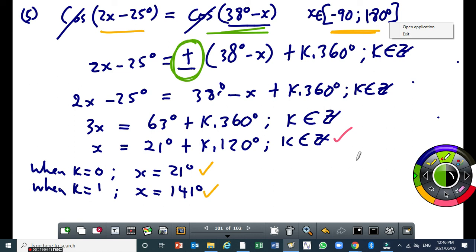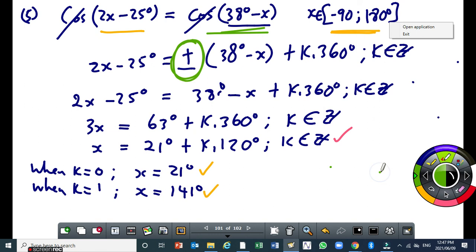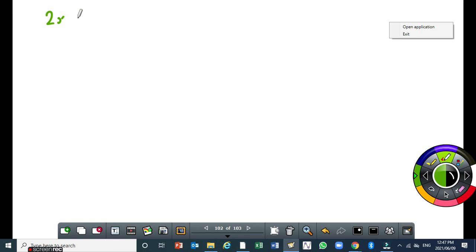Right, so the second one is going to be 2x minus 25 degrees equal to minus. Now this one here, you put the minus, then you put the 38 degrees minus x inside brackets plus k times 360 degrees. Right?